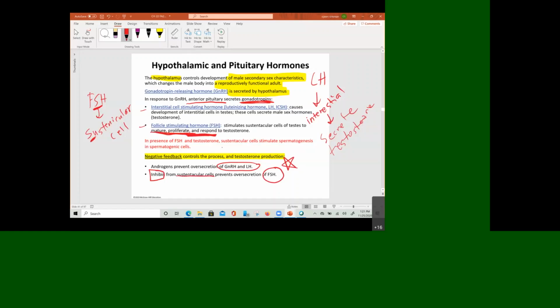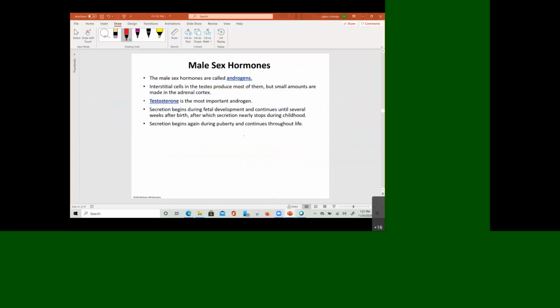Male sex hormones are also called androgens. Now, the interstitial cells located in the testes produce most of the male androgens. However, a small amount of testosterone is also produced in the adrenal cortex.